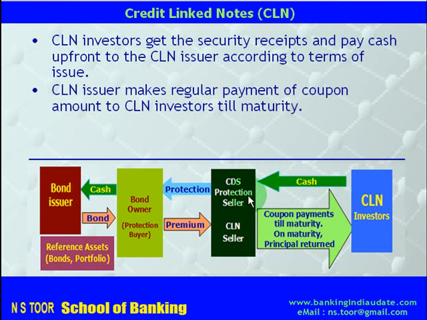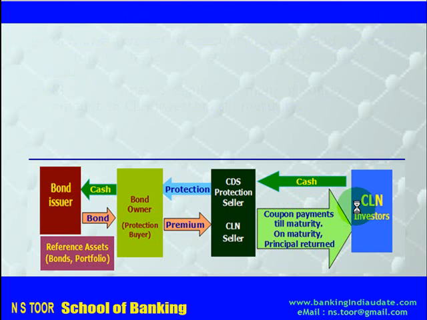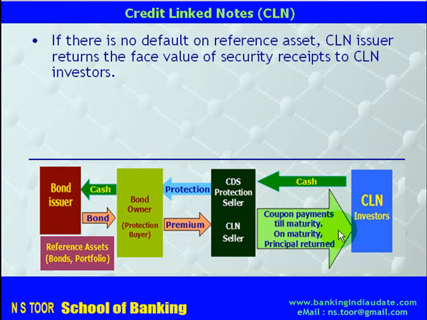The CLN issuer makes regular payment of coupon amount to CLN investors till maturity. If there is no default, then on maturity, the CLN issuer returns the face value received in cash back to the CLN investor.